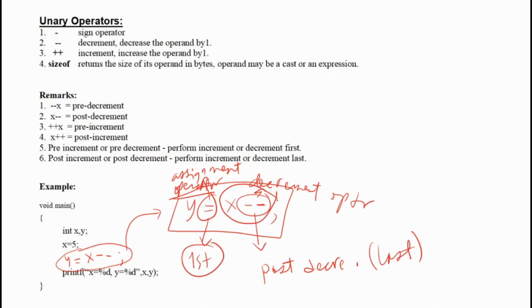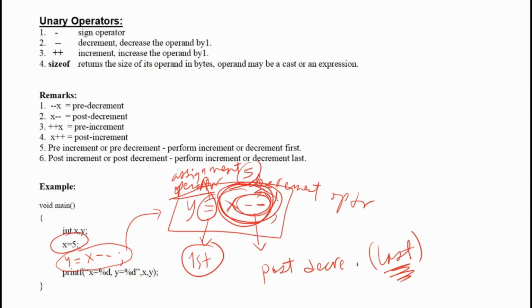What is the value of the right side currently? Without having performed this decrement yet, the right side value is equal to 5 because that is the value of x. Okay, we have not performed decrement yet because it is to be performed last. So having not performed decrement yet, the value of the right side is 5.